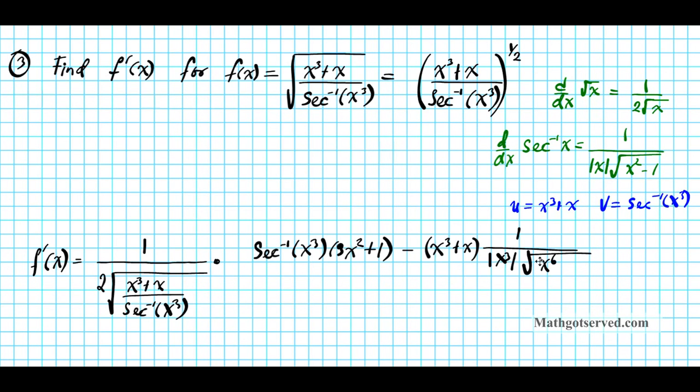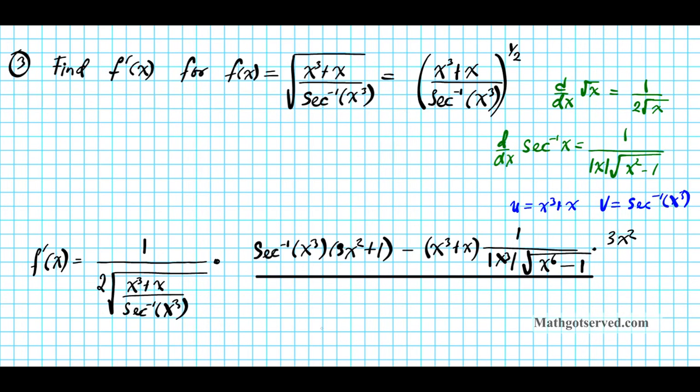Let's just combine steps to save time. Okay, so that's the derivative of the outer function, looking for v prime. And then if we differentiate x to the third, that's simply going to be 3x squared, applying the power rule to x to the third. So this is v u prime minus u v prime. Don't forget the denominator, this whole thing divided by v squared.